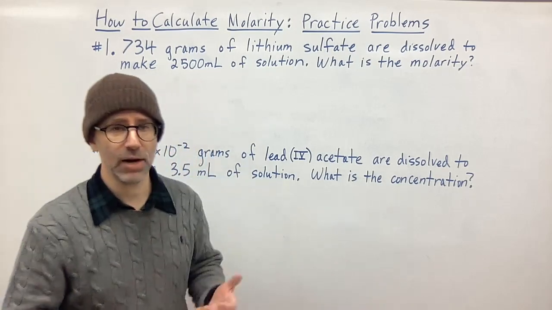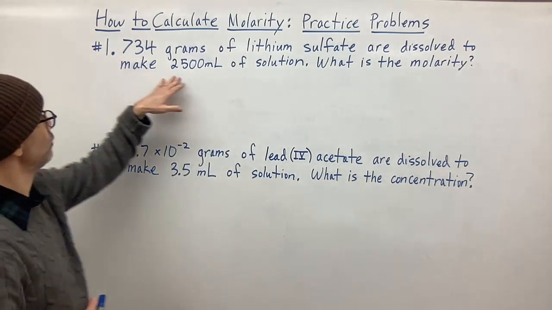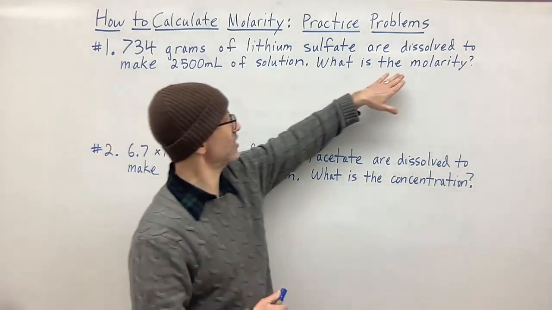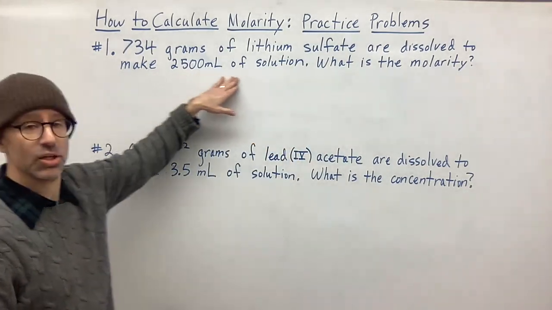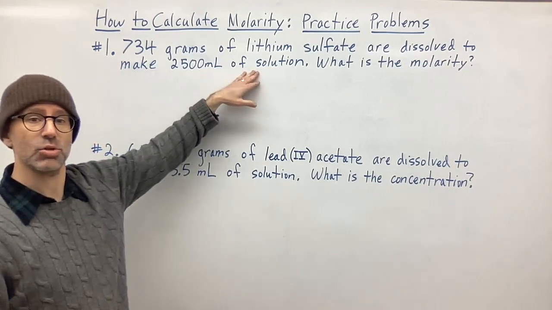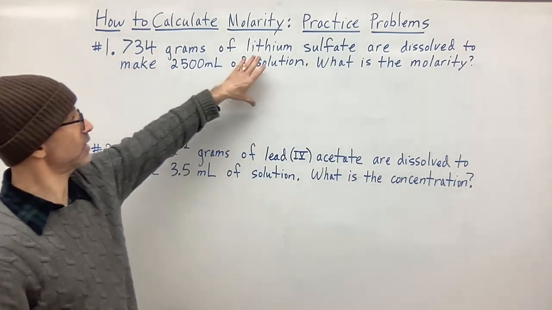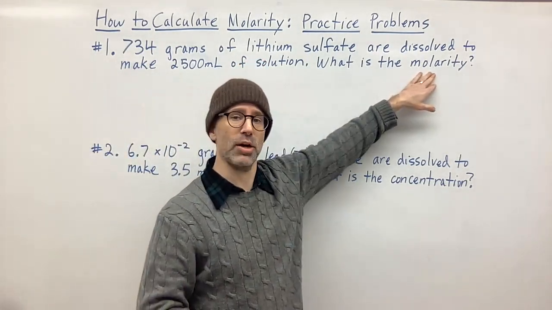So for molarity, the first problem, they're giving us 734 grams of lithium sulfate, and that is dissolved to make 2,500 milliliters of our solution. So we're given milliliters of our solution, and we're given grams of our solute. In this case, it's lithium sulfate. And they're asking us specifically for the molarity.